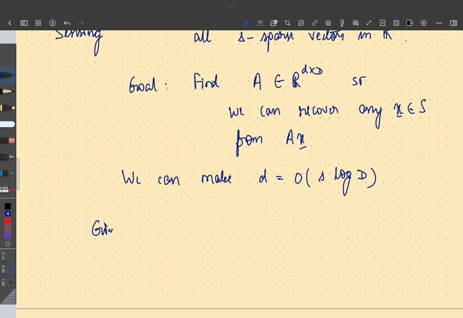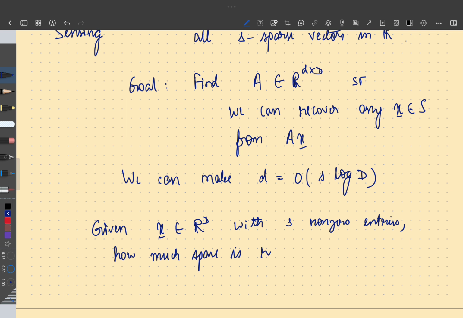So given, let's say, X in R^D with S non-zero entries, how much space is required to store this?